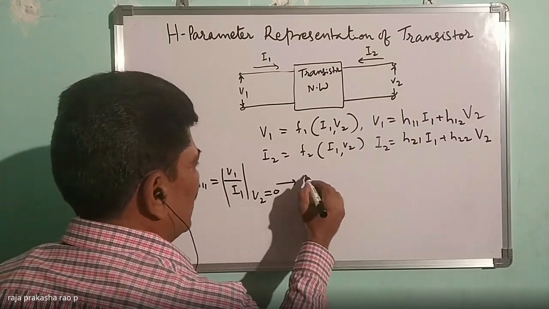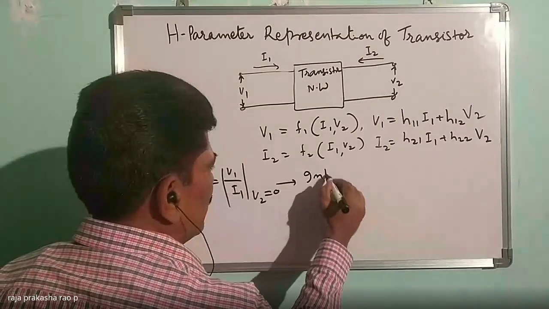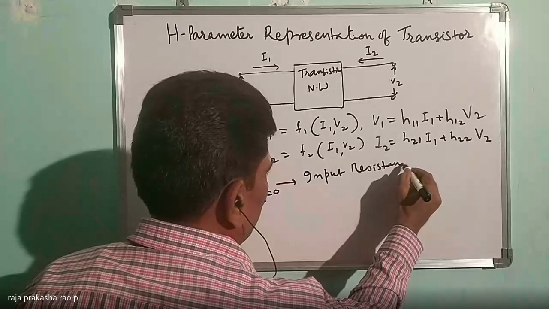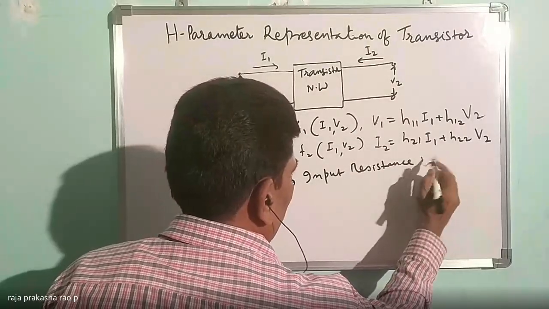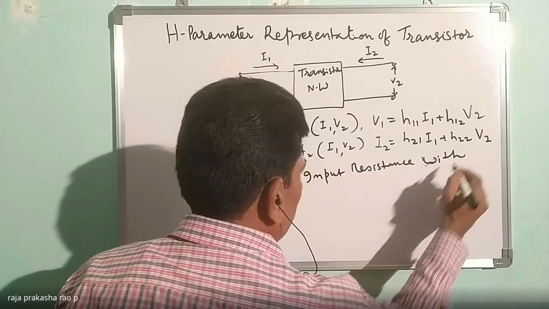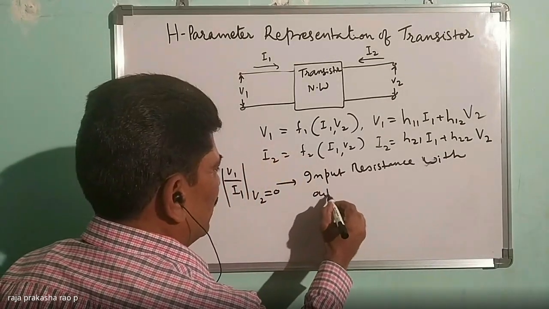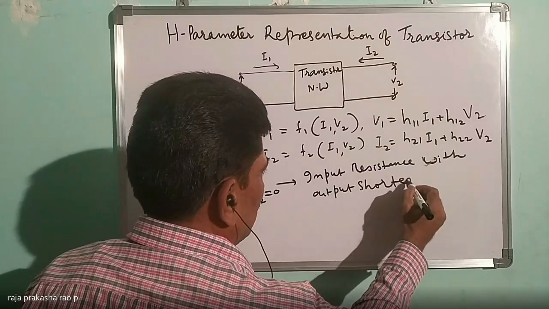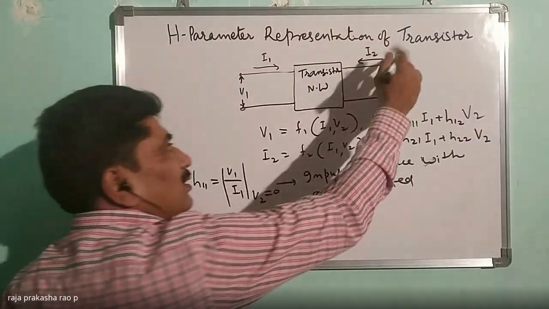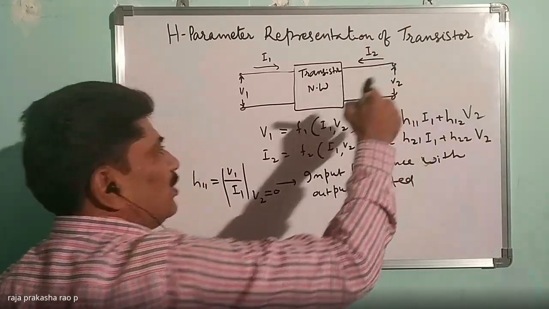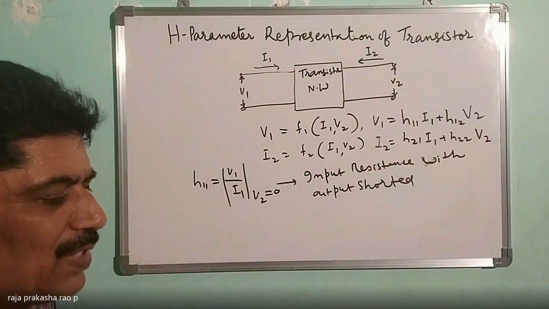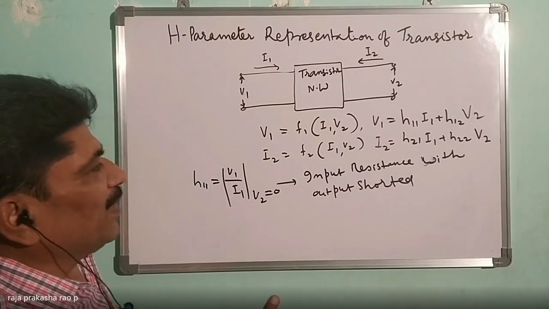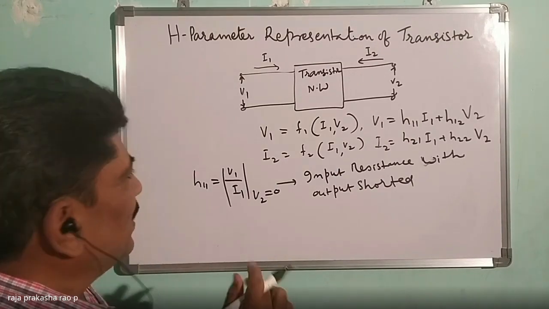H11 is called input resistance or impedance with output shorted. Shorted means these two will be joined; in place of the load, you just put a short circuit there. When the output is shorted, we can find two parameters, H11 and H21.